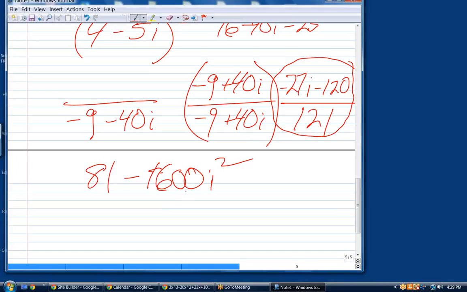So the denominator is going to become 81 plus 1600. So this denominator was 1681. So now when I split it up into 2 fractions, that is the real part and that is the imaginary part.